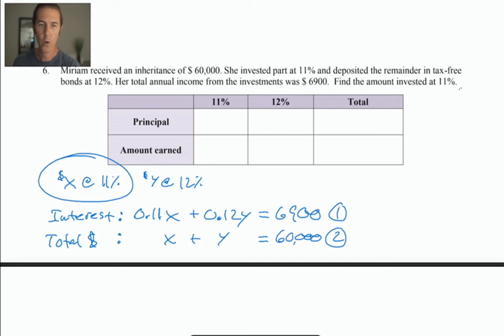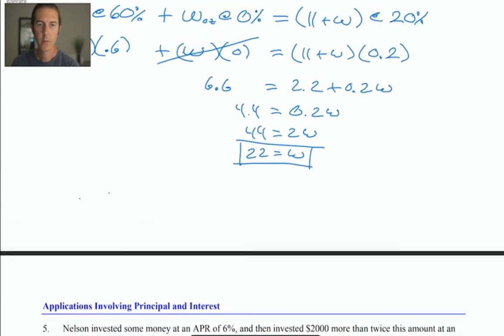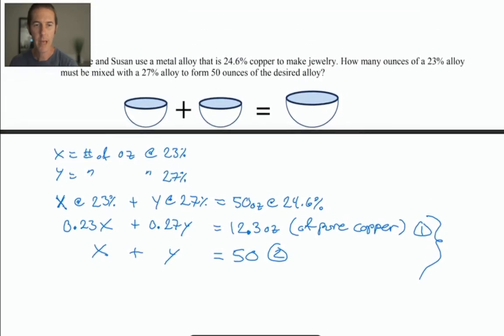Here, equation 1 was all about interest, left-hand side and right-hand side. Equation number 2 was all about total amount of money. In this alloy problem, equation number 1 was all about pure copper, and equation number 2 was about total alloy. Very similar to interest and total money.